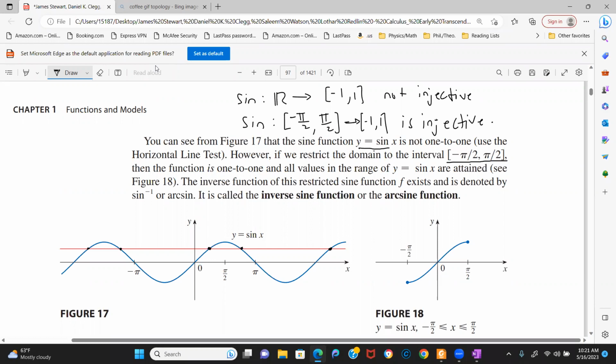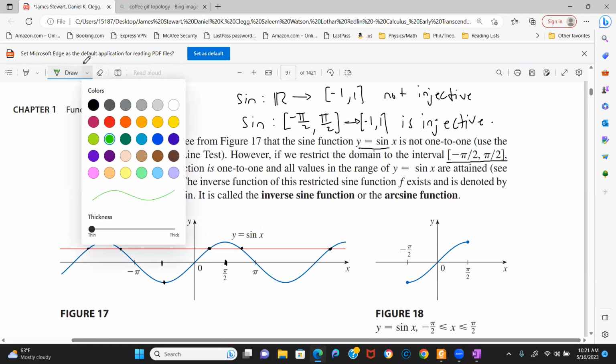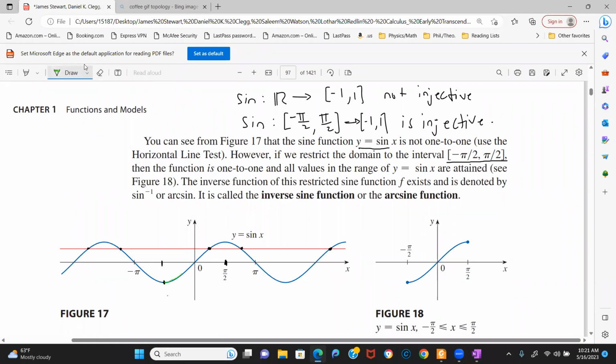So here's π/2, and then this would be -π/2. You're just considering the graph, basically just this arc right here. You're chopping it off the graph here.